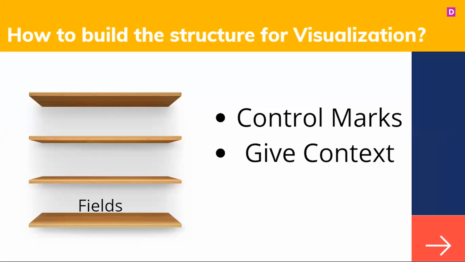The answer is very clear: you need to place the specific fields on the shelves and the cards. Once you place the fields into the proper shelf and the proper card, you get a structure for your visualization.